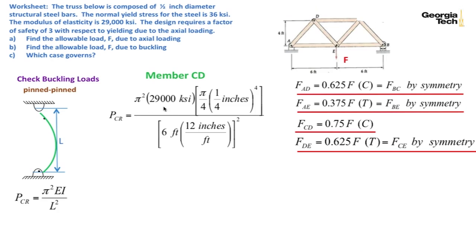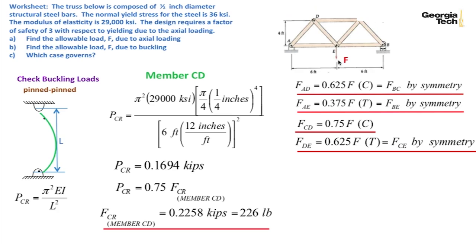And so we put in our values for our critical load, and we find out that the critical load can only be 0.1694 kips, but that's equal to 0.75 F critical, the F critical that the truss can hold. And so we see that the critical force that can be held as a result of member CD is going to be 226 pounds.